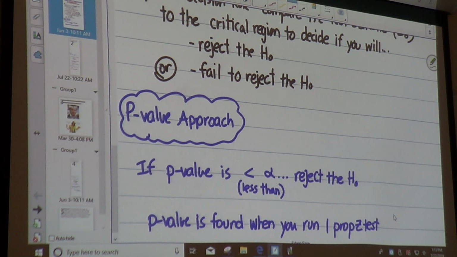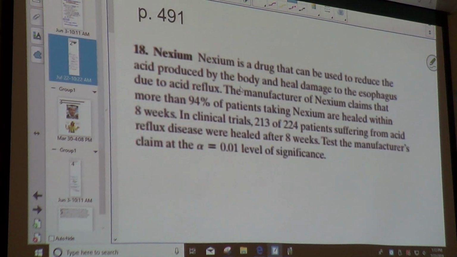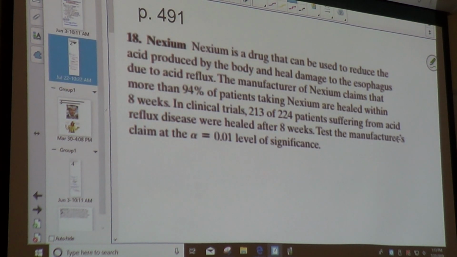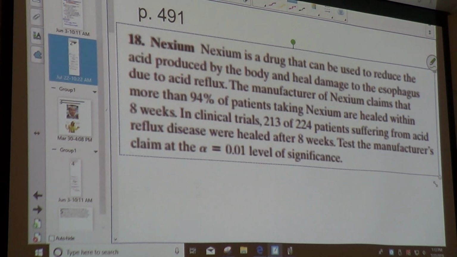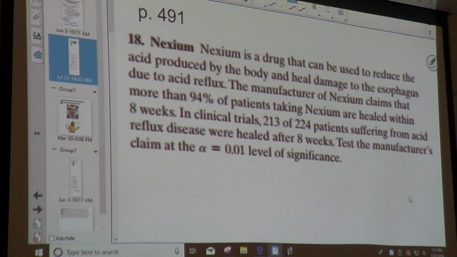All right, ready? Nexium is a drug that can be used to reduce acid produced by the body, acid reflux. The manufacturer of Nexium claims that more than 94% of patients taking Nexium are healed within 8 weeks.